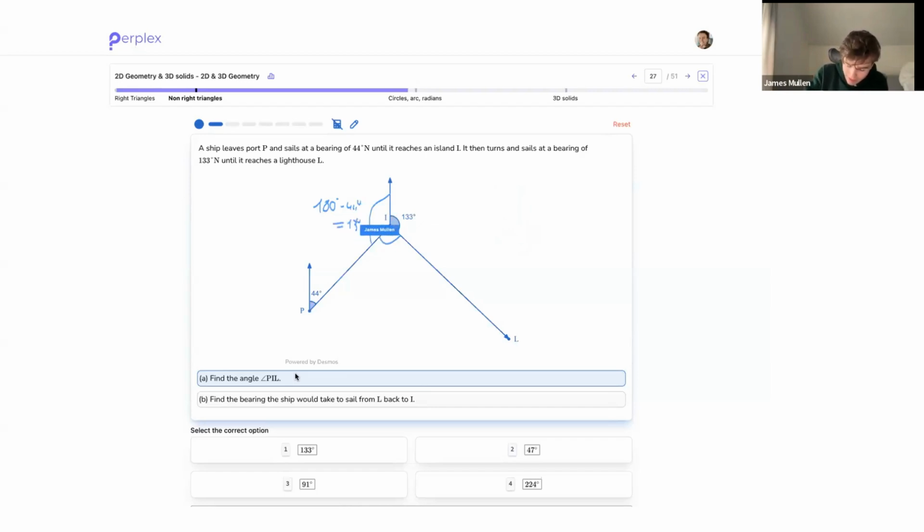Okay, and that means that the angle that I'm looking for is 360 degrees minus 136 degrees minus 133 degrees, which is 360 degrees minus 269 degrees. So that's going to give me 91.